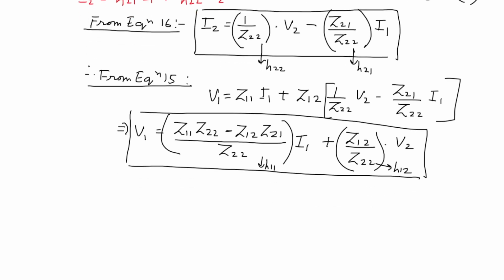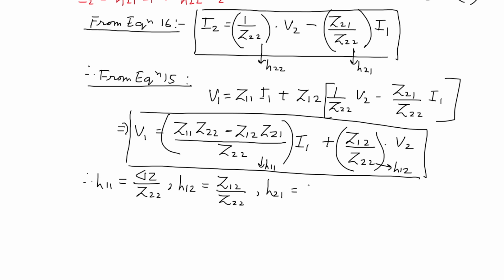So therefore we can write the interrelationship between H parameter and Z parameter. H11 is equal to delta Z by Z22, where delta Z is Z11 Z22 minus Z12 into Z21. H12 is Z12 by Z22.